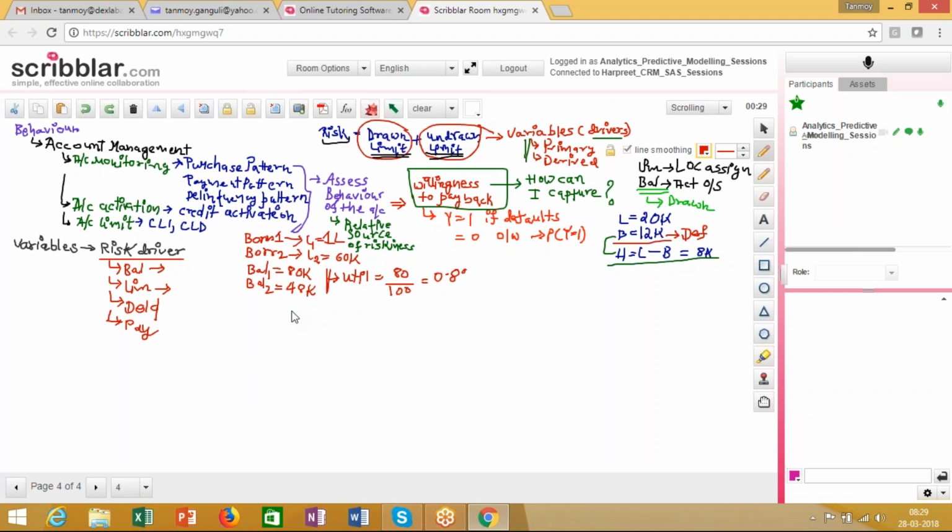However, that need not always mean that both the borrowers have had a utilization of 80% throughout. So to frame our understanding of the riskiness of the borrowers, we need to understand their overall level of utilization or their trend of utilization, say over the last 12 months or the last 24 months, based on the vintage of the data that I have with me.